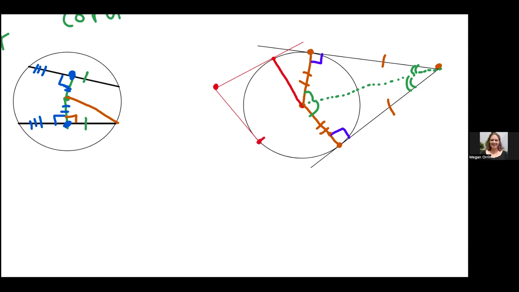See how these two are equal? All four of them are equal. I can split this down here. These are both right angles. These angles are the same. These angles are the same.